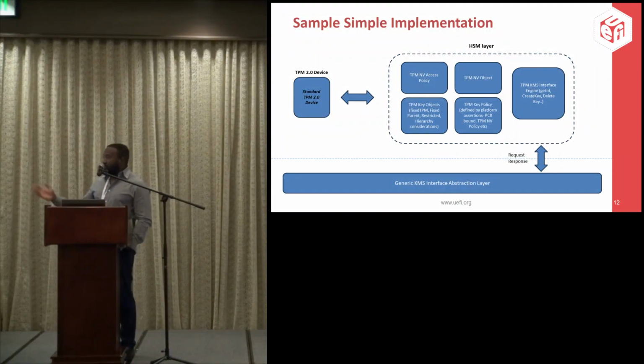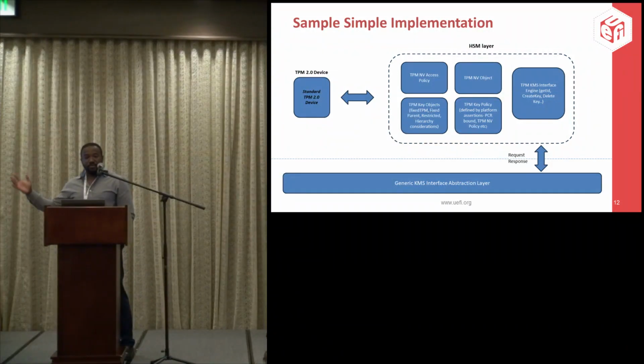So this is basically a simple implementation, where you have your TPM device, and you might have some TPM objects that you're going to create, TPM NVRAM objects or TPM key objects, and they're going to have some properties. You have to protect these objects because you don't want them to always be available to everybody.